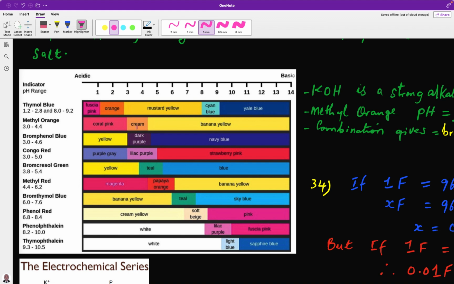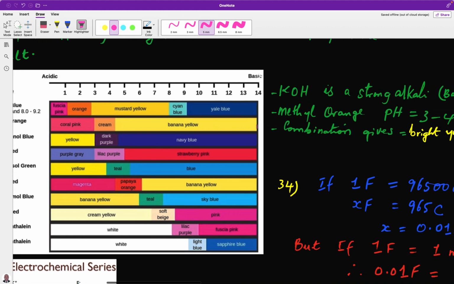Methyl orange itself at a pH of 3.4 is cream, but with potassium hydroxide, which is a strong alkali, and strong alkalis like sodium hydroxide and potassium hydroxide have a pH of 12 and above. So a mixture of them is going to give what? A mixture is going to give a banana yellow, which is a bright yellow.